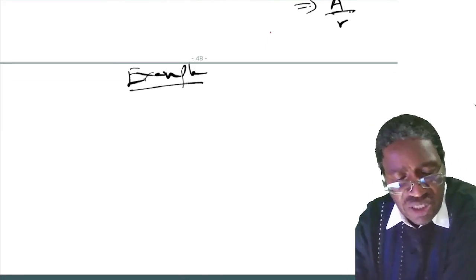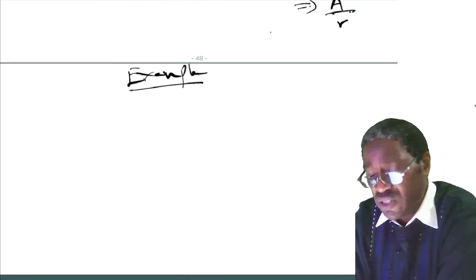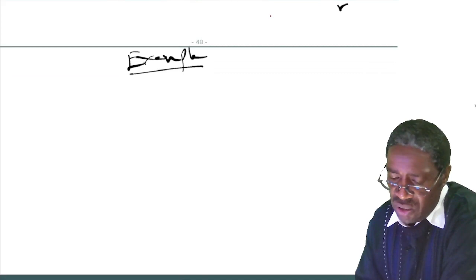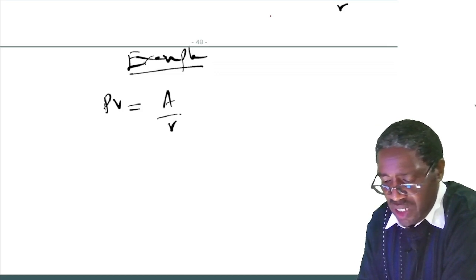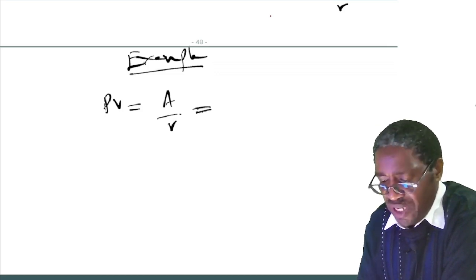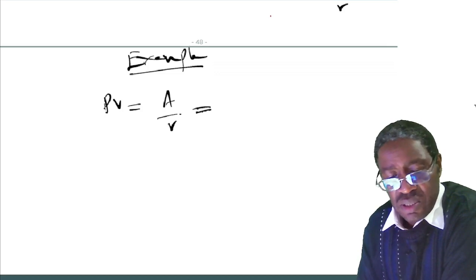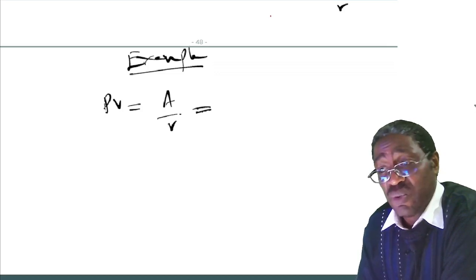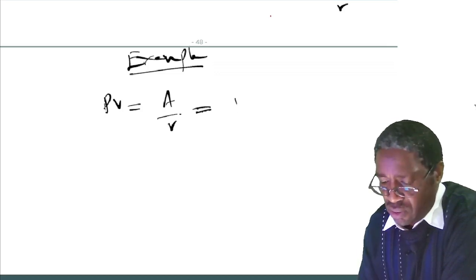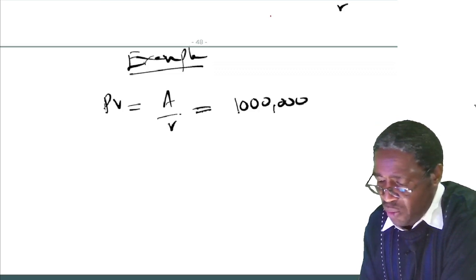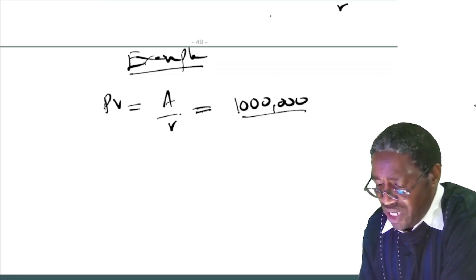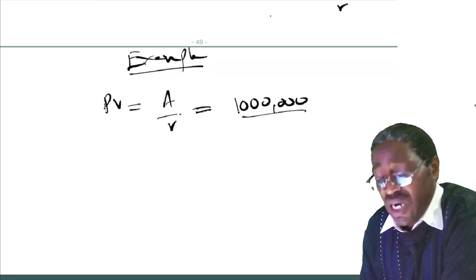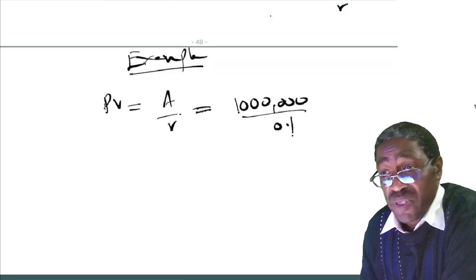Determine the present value. So we say your present value equals A divided by R. This guy wants to find out an investment which will give him a return of 1 million every year into perpetuity. What is the present value? You divide that by R. Our R is 0.1, which is 10%.